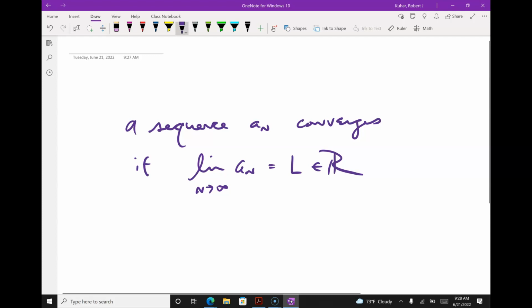So it's as simple as treating the sequence or the nth term as a function itself, right? So I'm saying, does a sub n equal n squared e to the minus n converge?